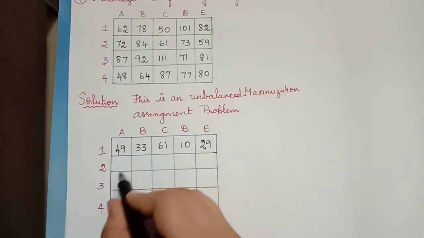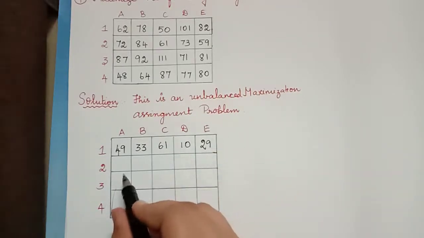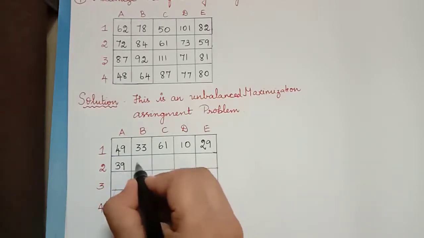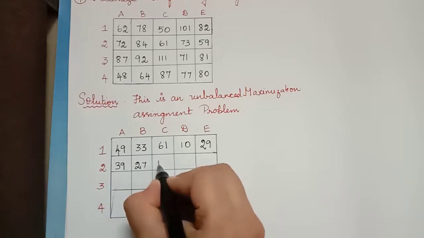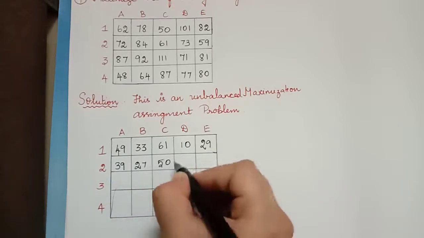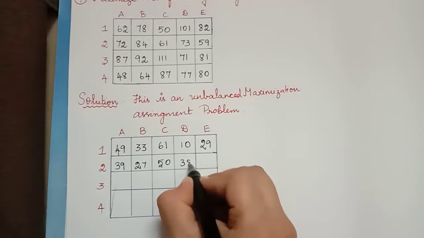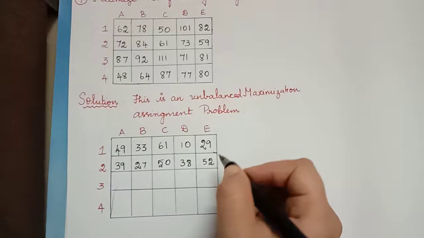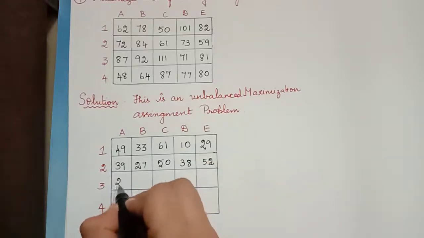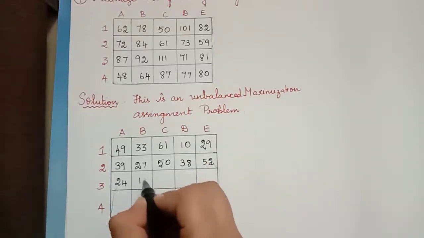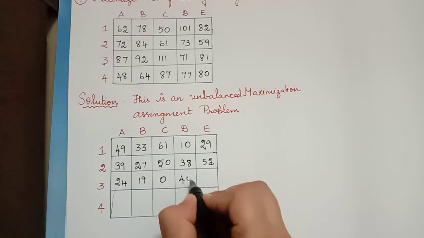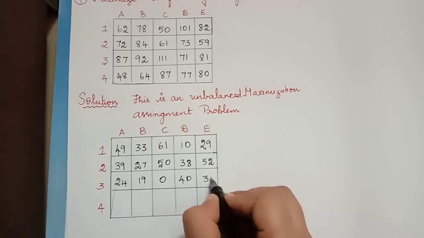Now, likewise, we should do for the rest of the cells also. And we get the matrix 39, 27, 50, 38, 52, 24, 19, and 111 minus 111 is 0, and 40, and 30.